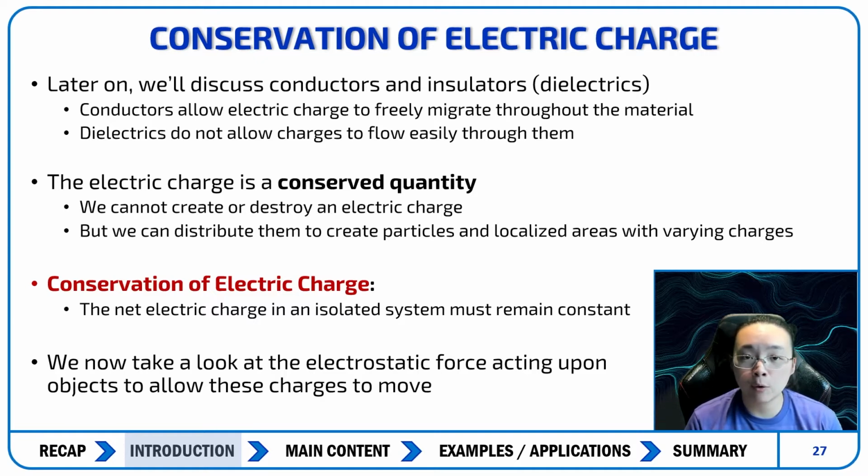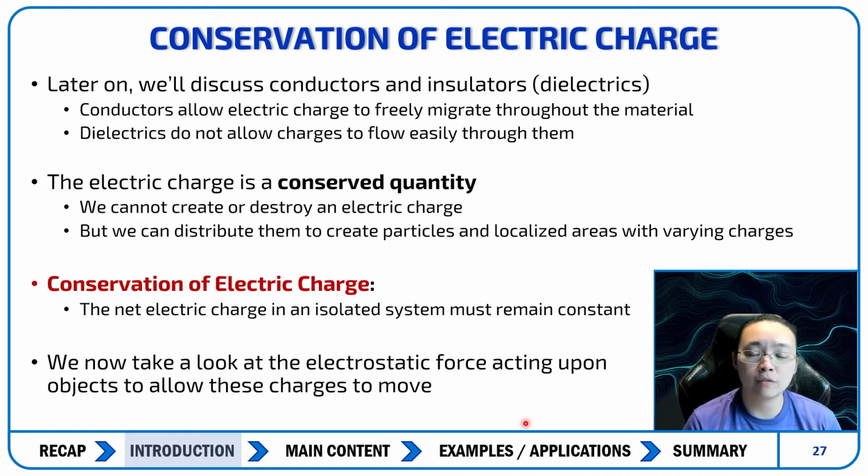But no matter how much the charges move around, electric charge is a conserved quantity, so that means it cannot be destroyed and it cannot be created. It's rather just going to be redistributed to have different particles or have localized areas with varying charges. This is something that you should remember as a concept.